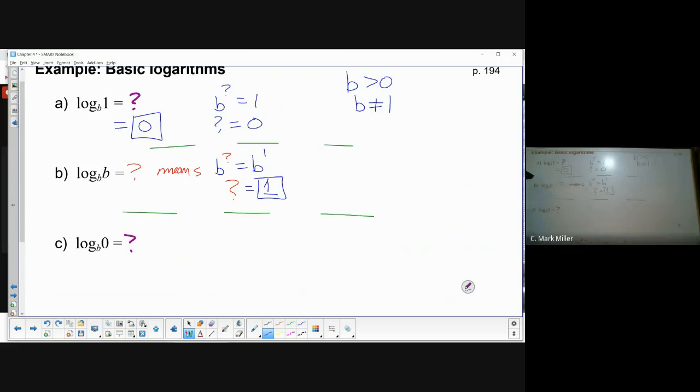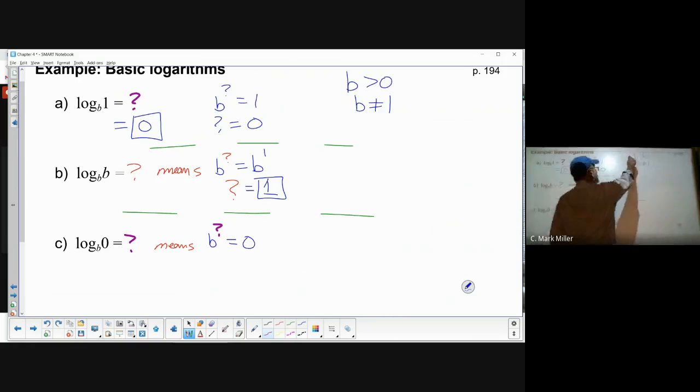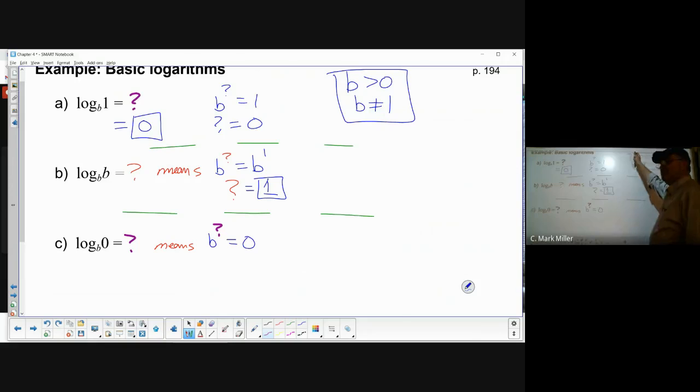So he said, okay, this means that B to the question mark equals 0. And he's saying since B is positive and not equal to 1, how do you raise a non-zero number to any power and get 0?